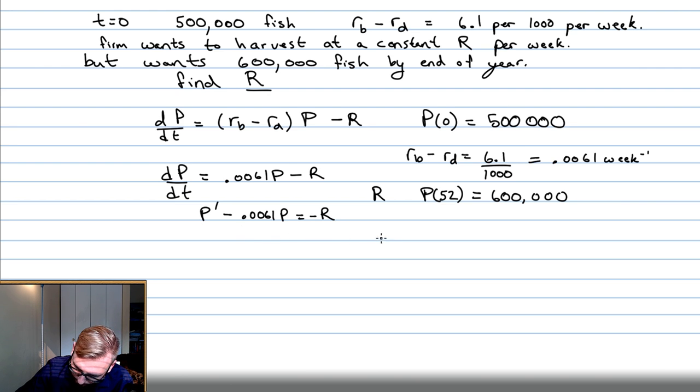We were just doing this: e to the negative 0.0061 t. We're going to multiply it on all sides.